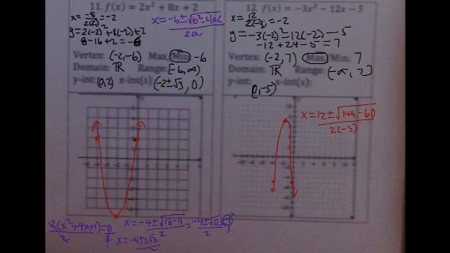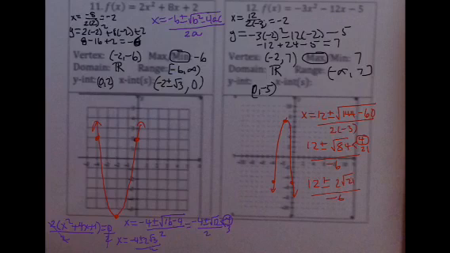Okay, so then we have 84 inside the radical. So 12 plus or minus the square root of 84 divided by negative 6. The only square number that comes out is 4, because it's 4 times 21. So the 4 comes out as a 2, so we have 12 plus or minus 2 radical 21 divided by negative 6.